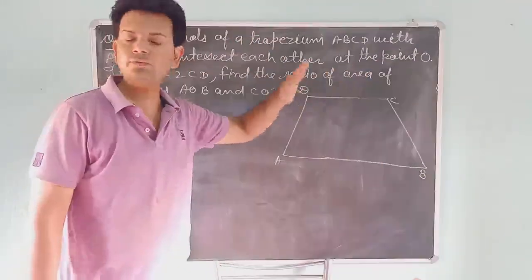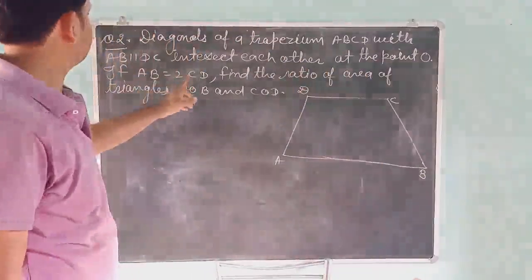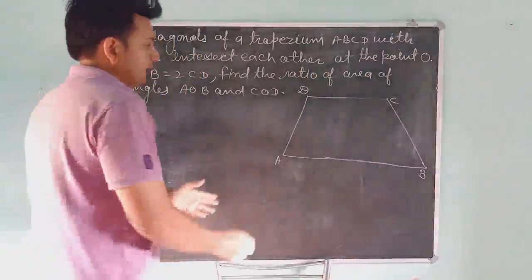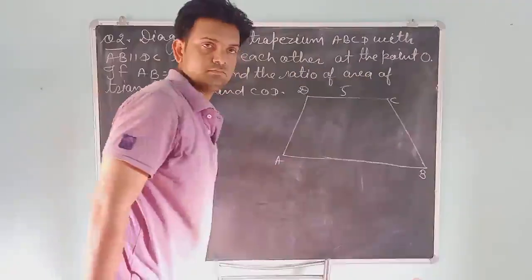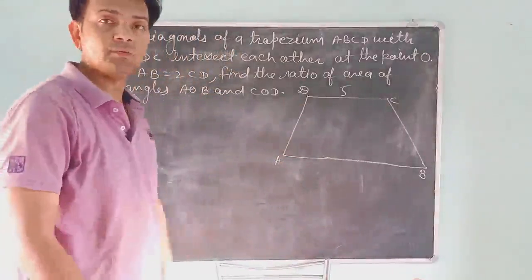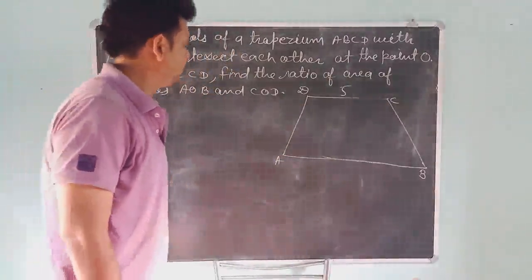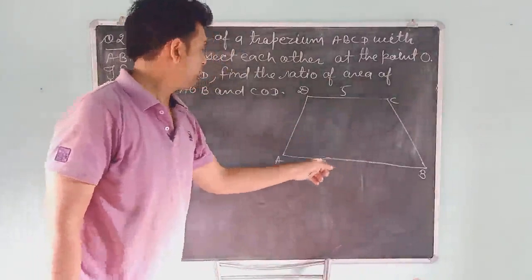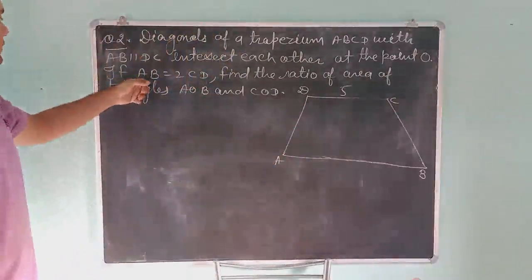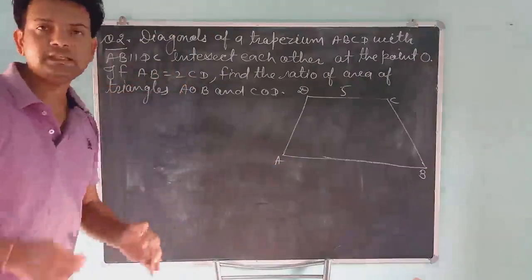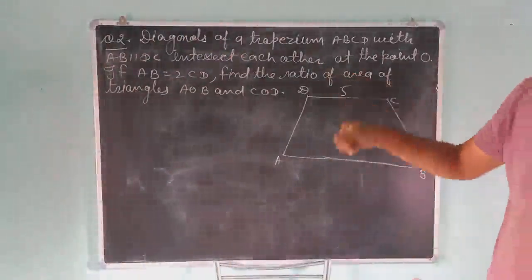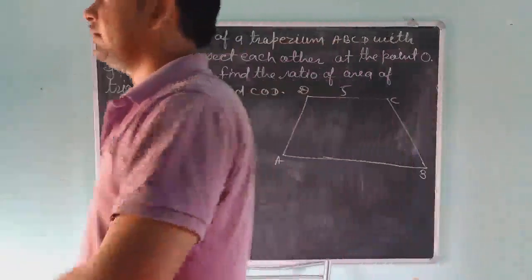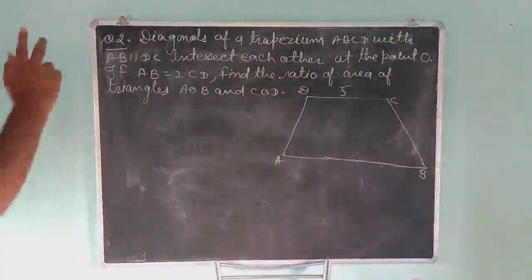AB is parallel to CD, and also AB is twice of CD. Suppose that CD is 5. Then what will be the value of AB? The value of AB will be 10, because according to the condition AB is twice of CD. If CD is 5, then AB will be 10. If CD is 10, then AB will be 20.